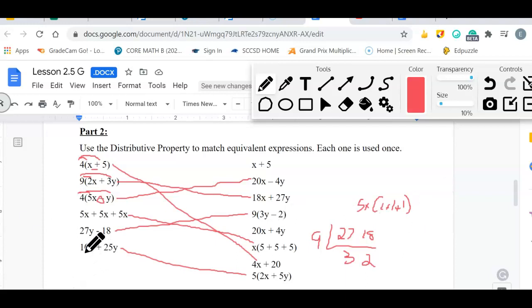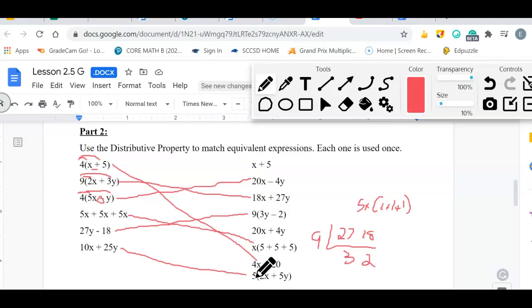And the last one, 10x plus 25y. The greatest common factor between 10 and 25 is 5. So you divide a 5 out, and 10 divided by 5 is 2 with your x. And 25 divided by 5 is 5, and you have your y here with it.